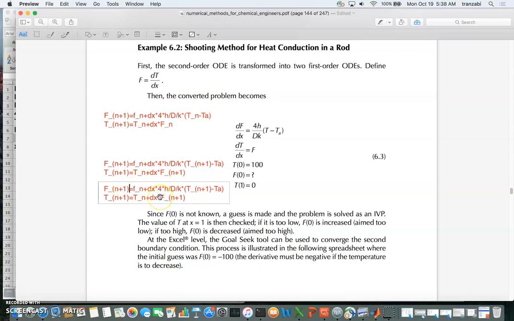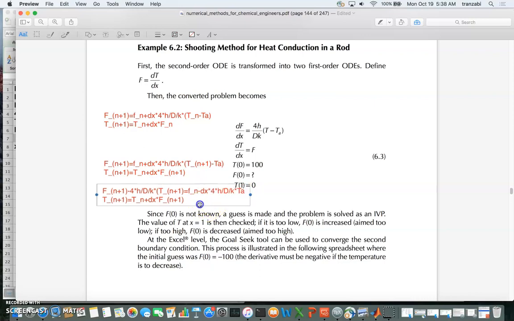So let's do that. For the first equation we get fn, so this term goes to the left side, so I'm going to cut that and put it on the left side, and the right side we don't have that anymore, and we're just going to have minus ta.